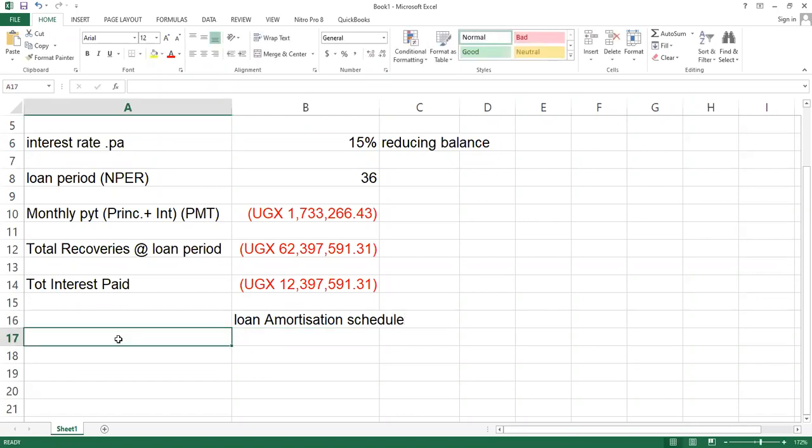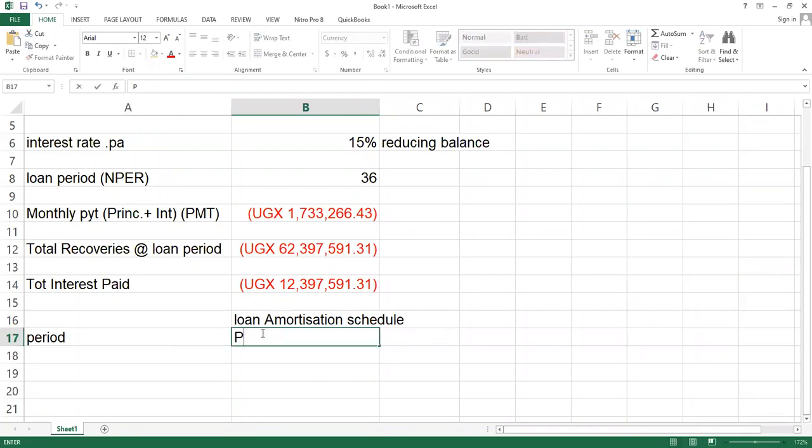So I will have periods. So I can have period, then I can have PMT. And of course, PMT, I've said that this is the monthly payment. Okay. And it includes both the principal and the interest.